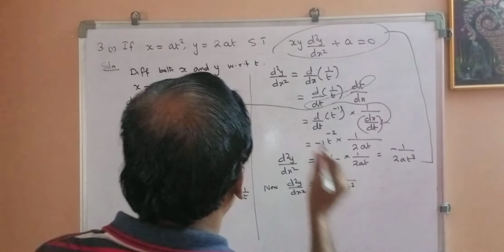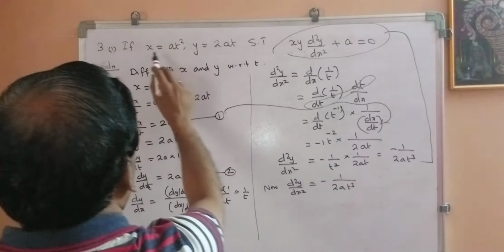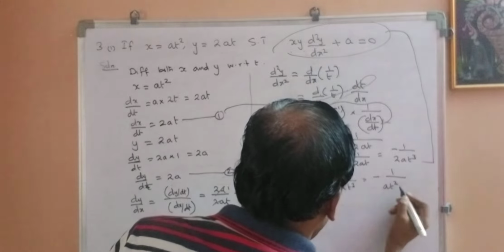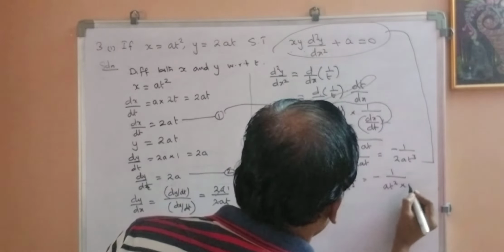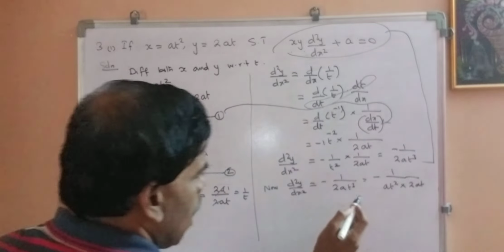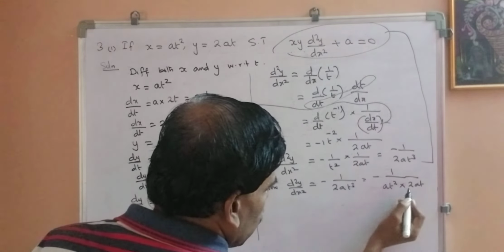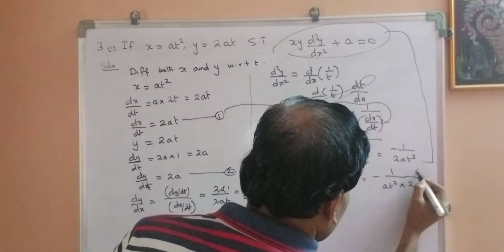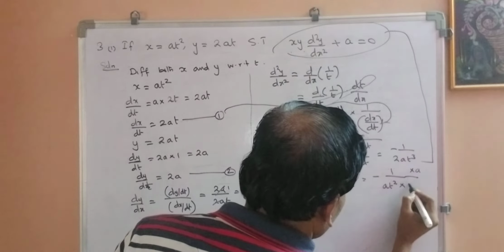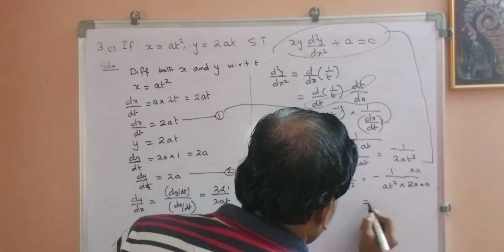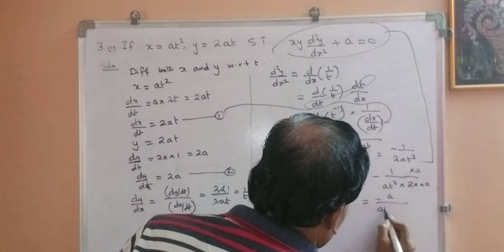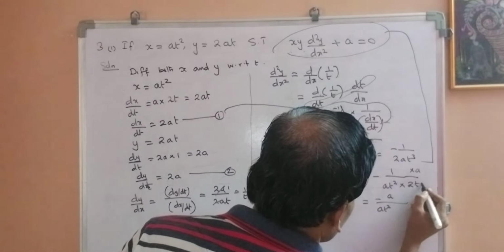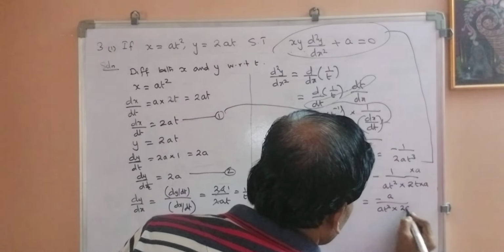So this I will write. Here I wanted to write xy. What is x? At square. So here minus 1 upon at square, at square I have taken. Then what will be there? 2at. See, I have adjusted like this. 1a is not there, so I have multiplied by a. See here, 2a into a. So what I got? Minus a upon at square into 2at.